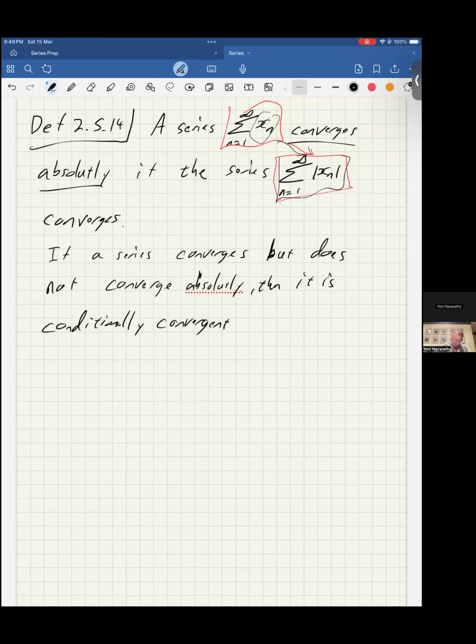So if a series is conditionally convergent, it's still convergent, but when you take the series of the absolute values of the elements, that series does not converge. For a series to be conditionally convergent, you must have some negative terms, because otherwise, if the series converges, the series of absolute values converges. But not all series with negative terms are conditionally convergent.